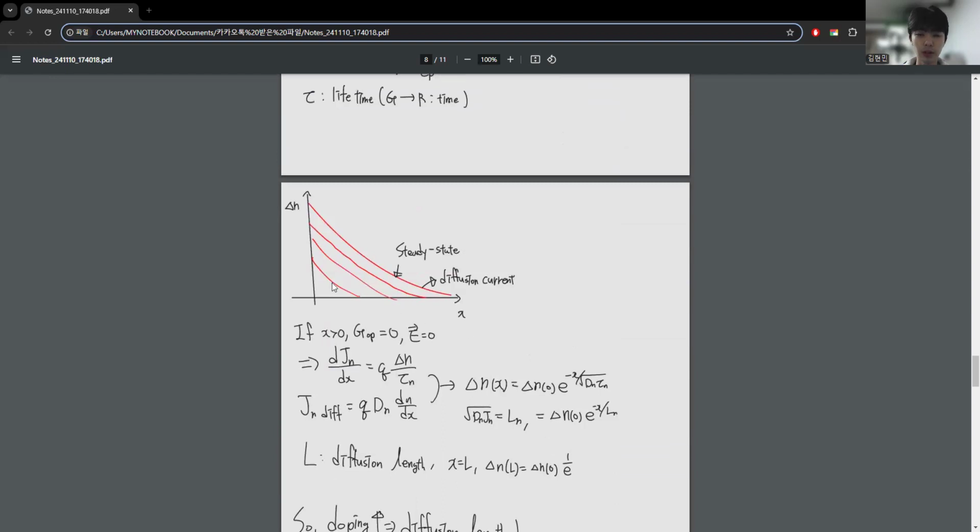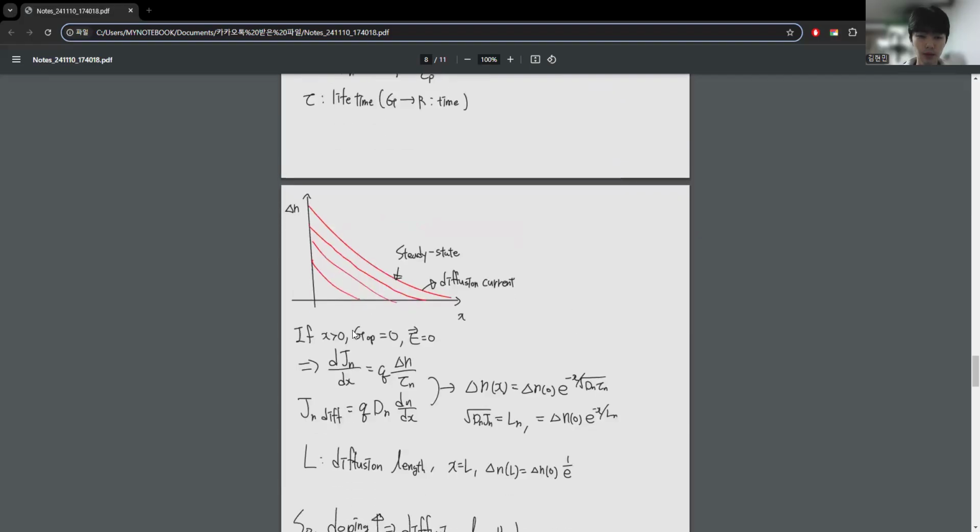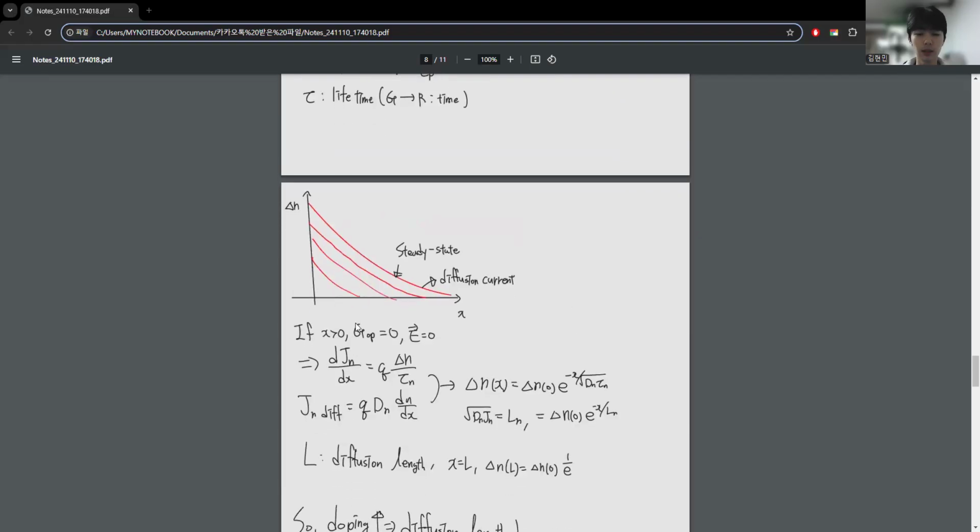This graph is the delta n versus x diagram. If x is over 0, Gp equals 0 and the electric field is 0.